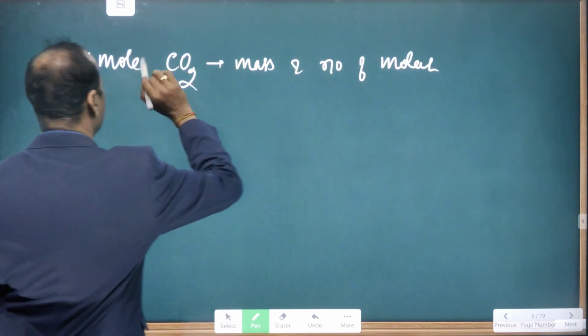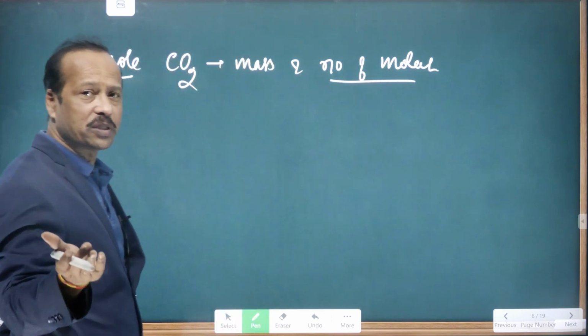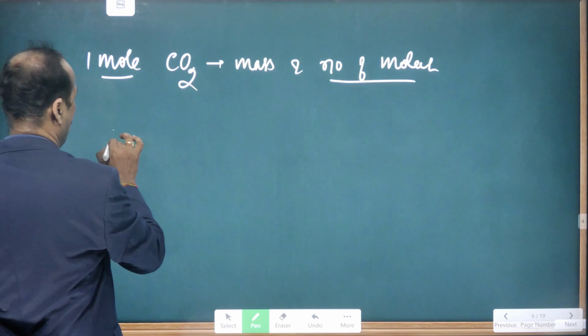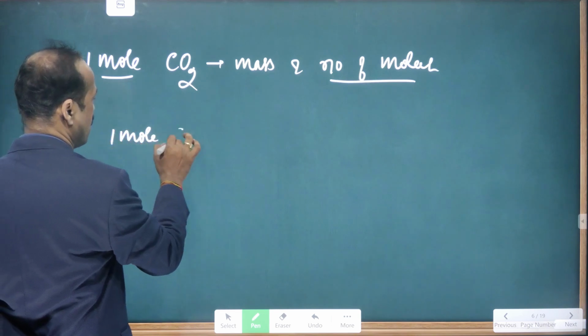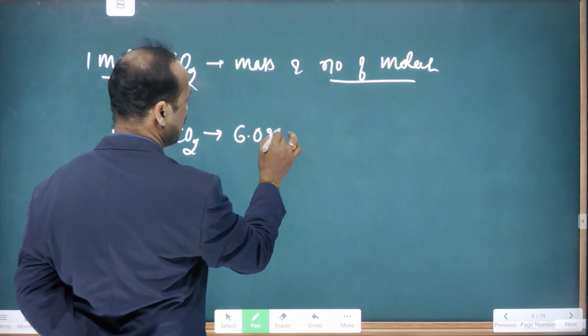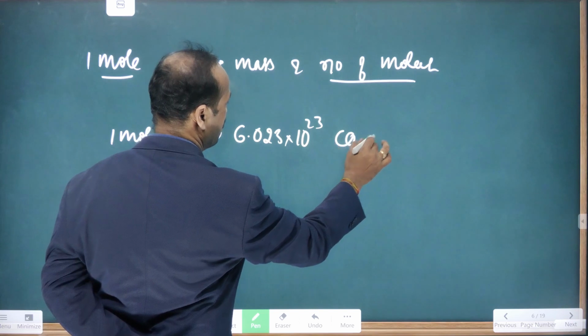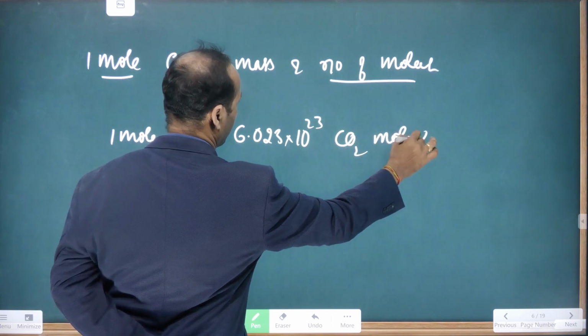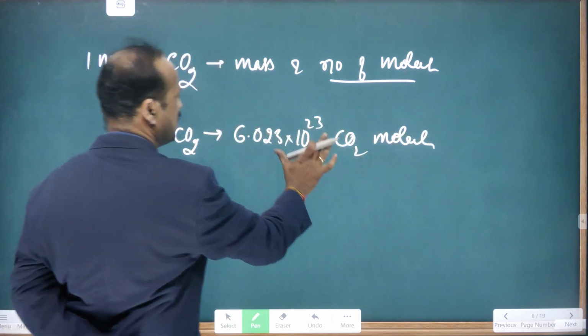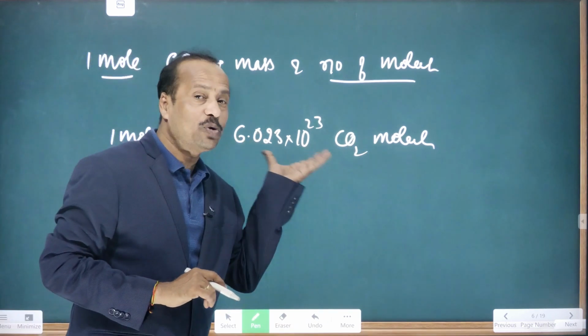You know that 1 mole is equal to how many? 6.023. Yes. So 1 mole of carbon dioxide consists of 6.023 into 10 to the power of 23 carbon dioxide molecules. This we got, right? So 1 mole represents this number. Now, the mass of this number is equal to how much?